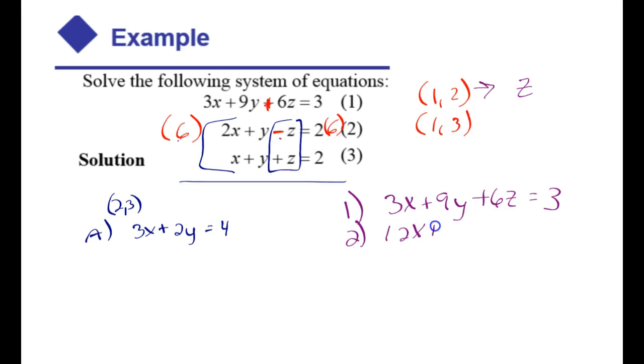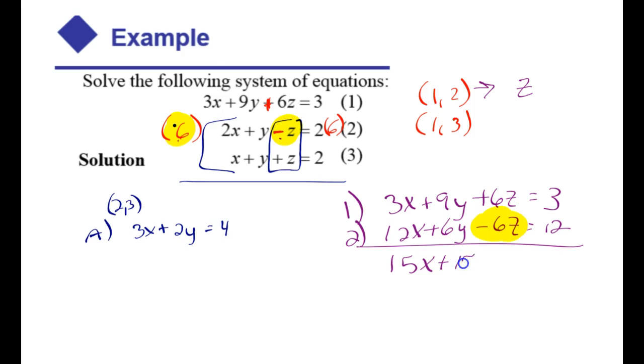So 12x plus 6y minus 6z is equal to 12. So again, the goal was using this 6 times this negative z to get negative 6z in order to cancel or eliminate the z terms. So what I'm left with is 15x plus 15y is equal to 15.